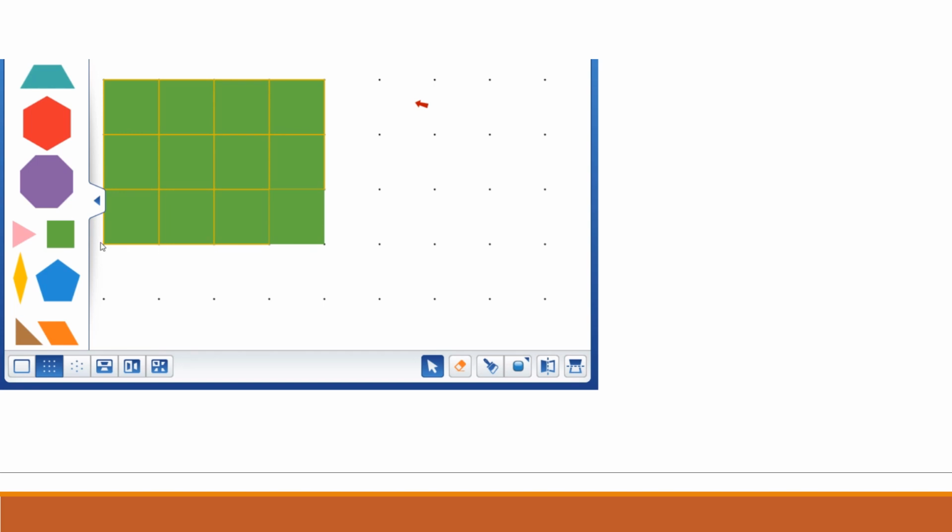On the left, 12, 13, 14. Okay, so if we count the edge, the perimeter all the way around is 14 units. We don't know if these are inches or centimeters or what. So, all right, let me go back to our other screen.